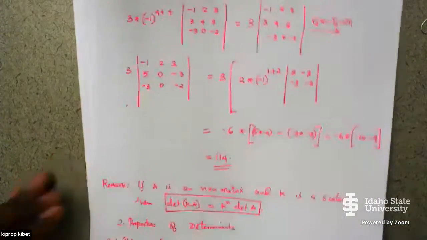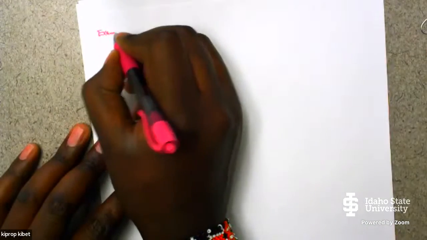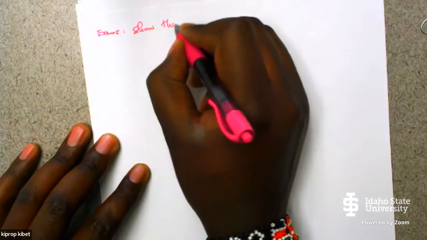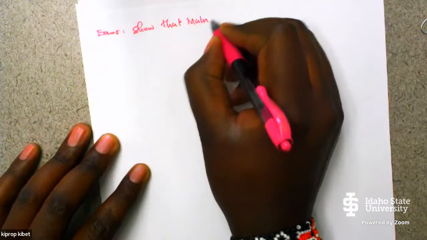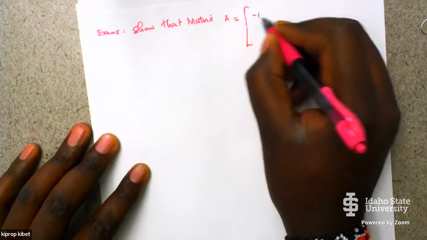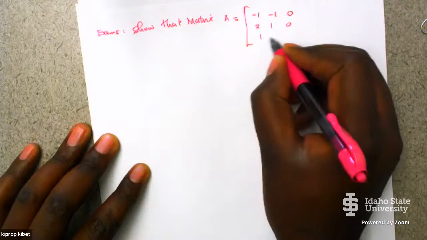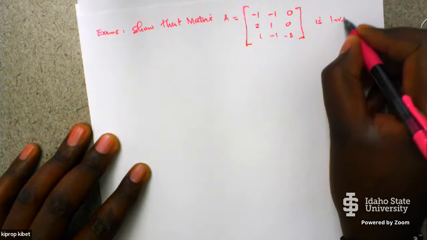I can give you a simple example here. Example 5. Show that matrix A, which is equal to [-1, -1, 0; 2, 1, 0; 1, -1, -3], is invertible.